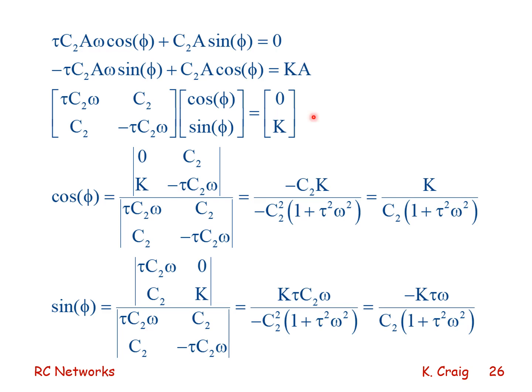So the mathematics leads then to 2 equations with 2 unknowns, phi and C2. And I can solve these mathematically using a technique known as Cramer's rule. But let's just leave it at that and leave the mathematics as a side issue or something that you can investigate on your own.